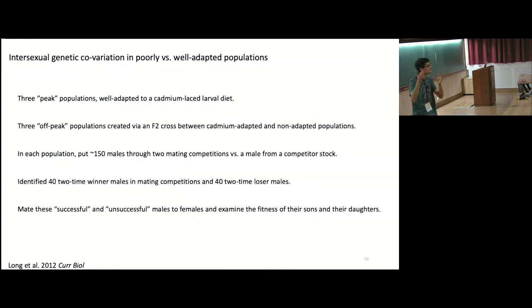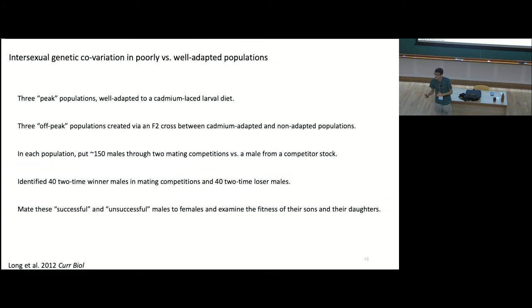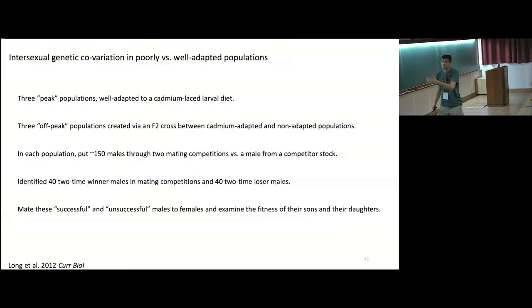So for each of these 6 different populations, 150 males each, he does these 2 competitions, and then he picks out those males that won both of their contests. We think of those as the winner males or the successful males. And he picks out all the males that lost both of their contests, and those are the loser males, or the unsuccessful males. Okay, so we've got 2 kinds of males, winner males and loser males. And then he takes all of these winner and loser males and mates them to females and looks at the resulting offspring.